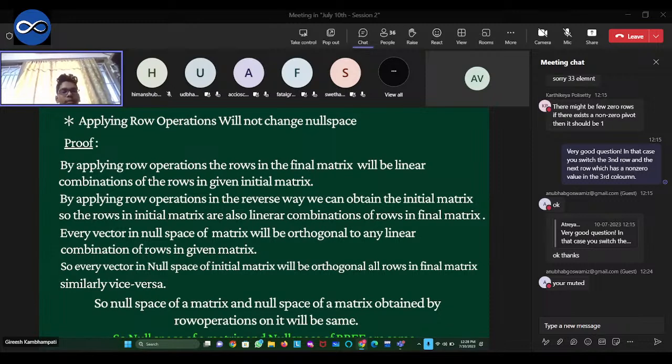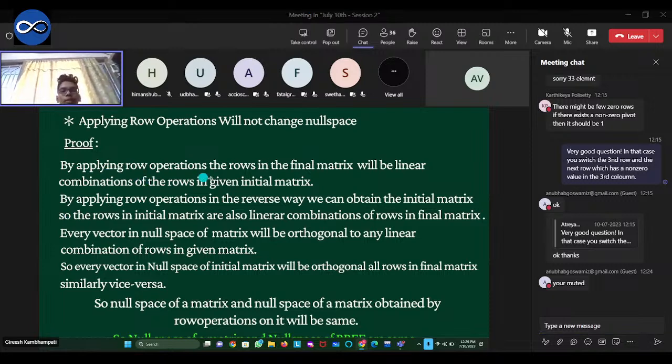If it is v bar, it becomes c v bar, which is by definition a linear combination of v bar only. The third row operation: if we have two row vectors R1 bar and R2 bar, the new row will be R1 bar minus alpha R2 bar, which is also a linear combination of R1 and R2.